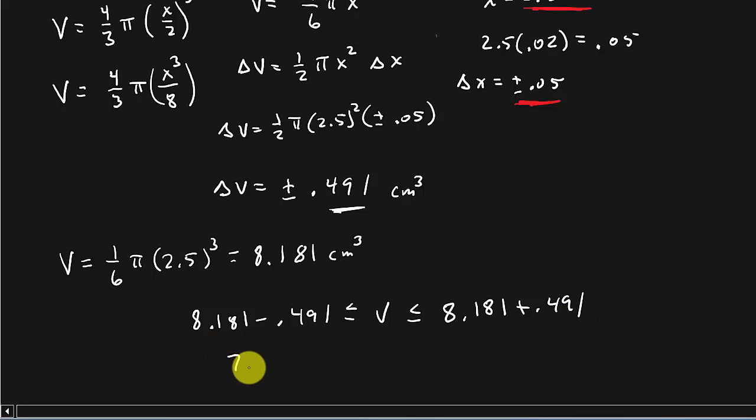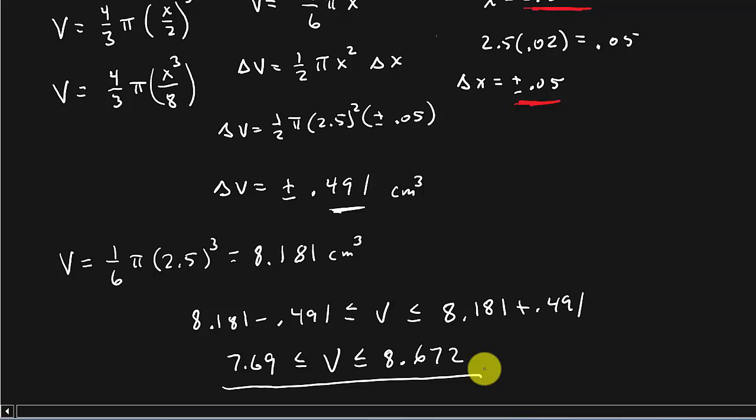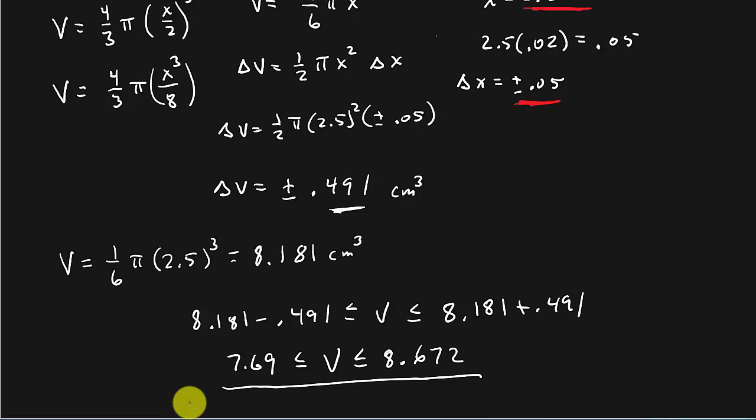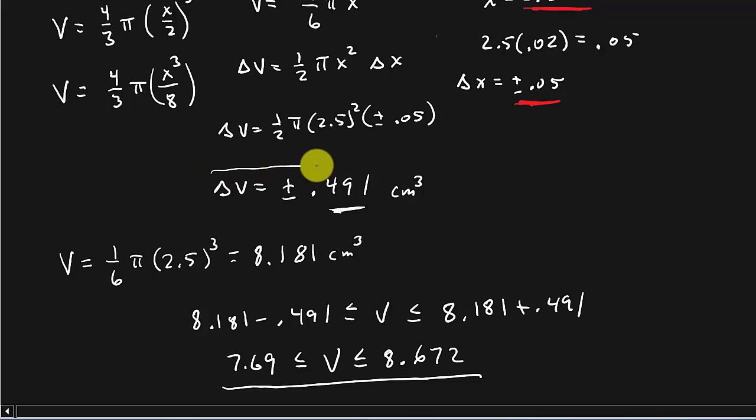That's 7.69 less than or equal to V less than or equal to 8.672. So the tumor volume must satisfy this. It'll be between those two numbers. But this right here is your actual error in volume.